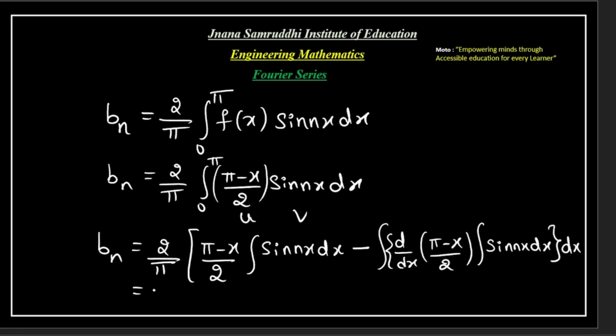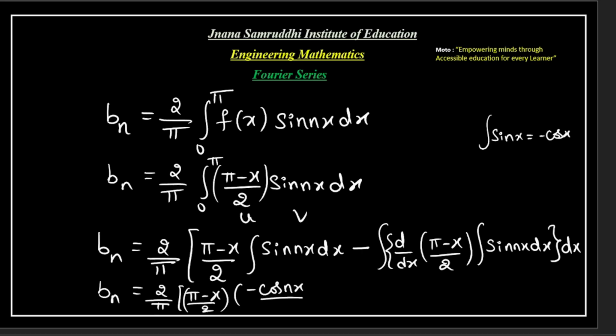Now we need to simplify. bn equals 2 by pi, minus 2. Now what is the integration of sin x? Integration of sin x will be minus cos x. We will write it as minus cos nx, since in place of x we have nx, so in the denominator we write n.